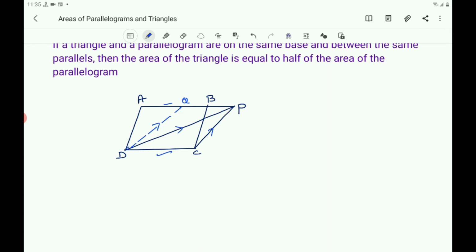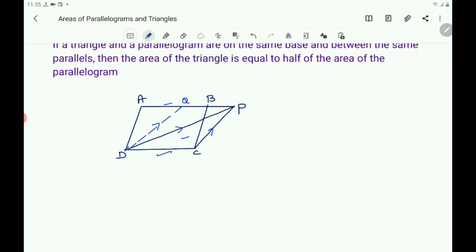You know that a diagonal divides the parallelogram into two congruent triangles. Therefore, the area of the triangle DCP is half the area of the parallelogram DQPC. And the parallelograms ABCD and DQPC are having equal area. As the area of the triangle DPC is half the area of the parallelogram DQPC, it is also half the parallelogram ABCD.